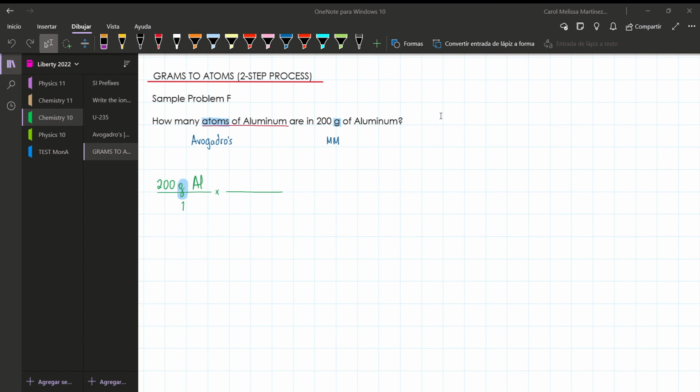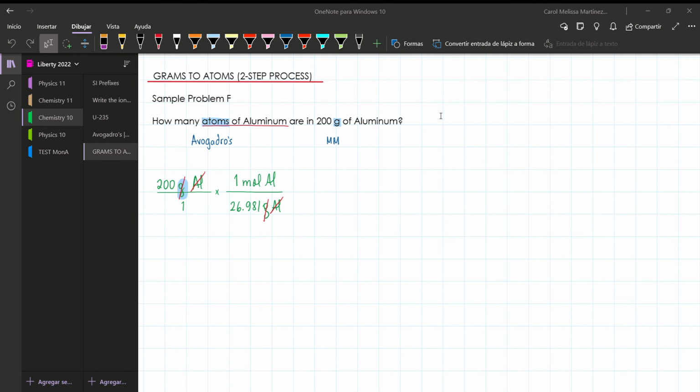Molar mass, that is correct. How many grams of aluminum are in 1 mole of aluminum? 26.981. That is correct. Here you notice that we can get rid of grams with grams and aluminum with aluminum.